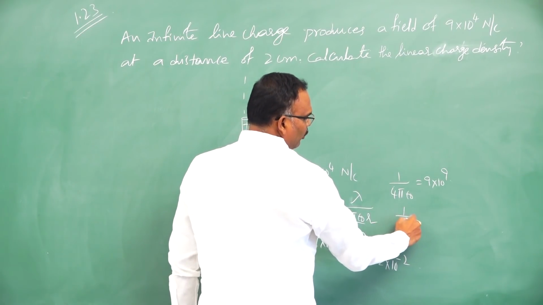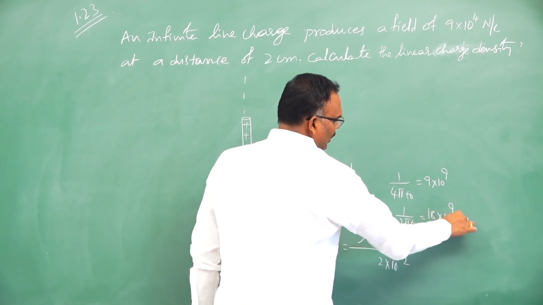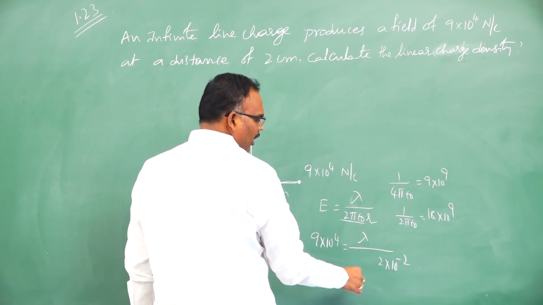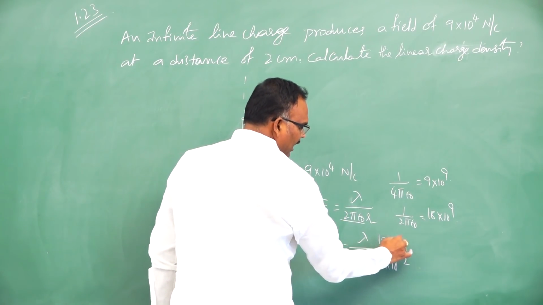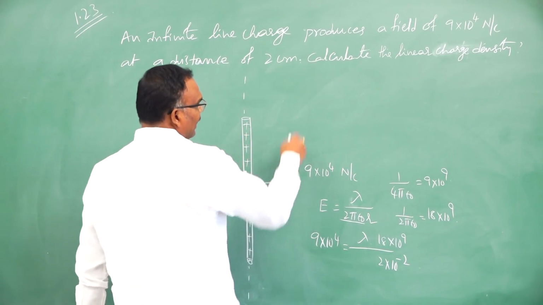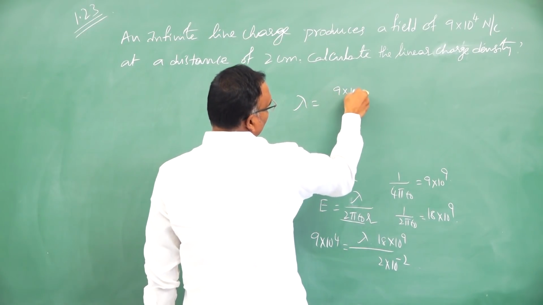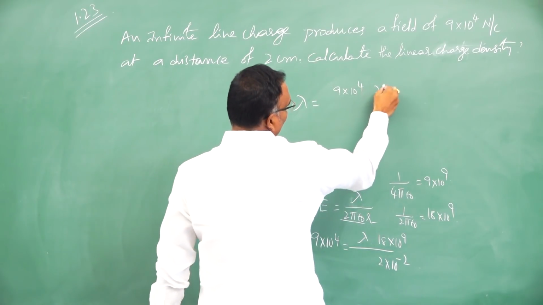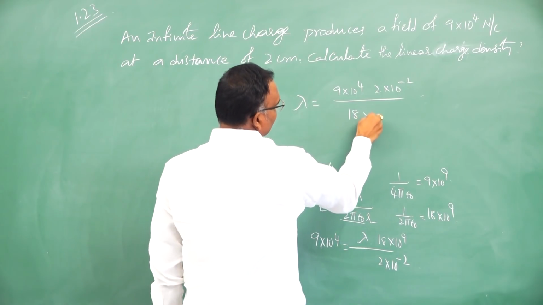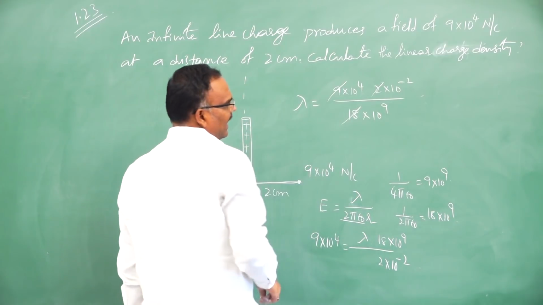I want 1 by 2 pi epsilon naught, that means to send this side you will get 18 into 10 to the power of 9. So that's why this 1 by 2 pi epsilon naught value I will write here 18 into 10 to the power of 9. I want to calculate linear charge density. So that is 9 into 10 to the power of 4 multiplied by 2 into 10 to the power of minus 2 divided by 18 into 10 to the power of 9. 9 2s are 18, cancel.